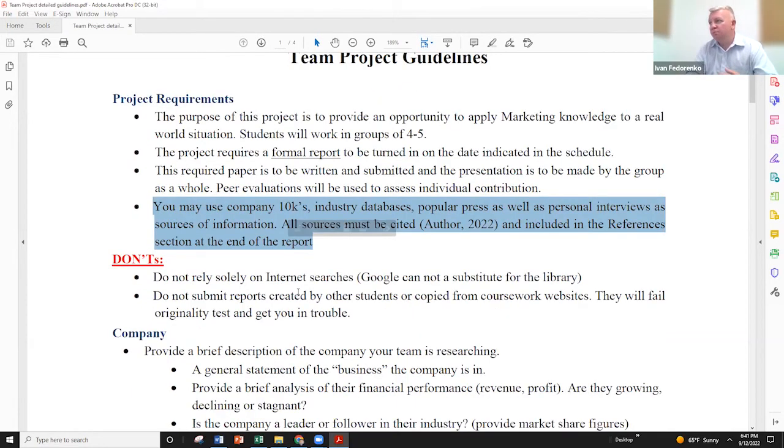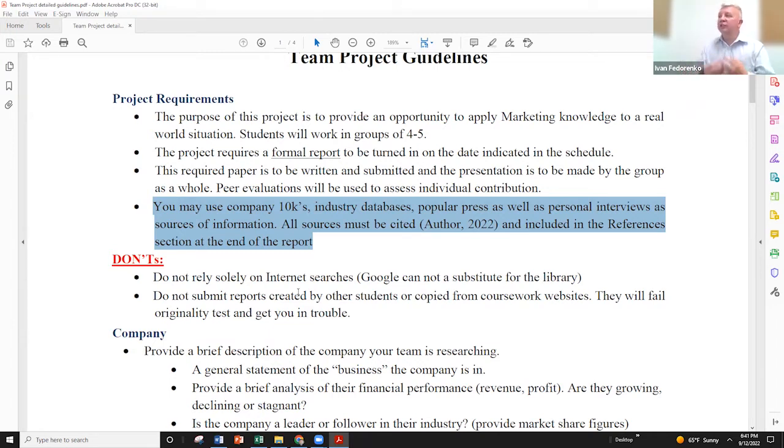This is a research-based assignment. And doing research means that you will need to dig into primary information, primary sources. These sources that you'll need to find and use, and I'll show where to find them today, at least some of them, include company quarterly or annual reporting, like 10-K forms, industry databases, and industry reports.